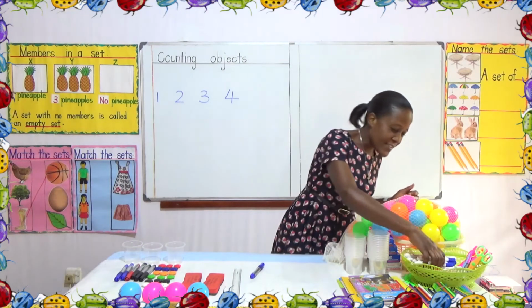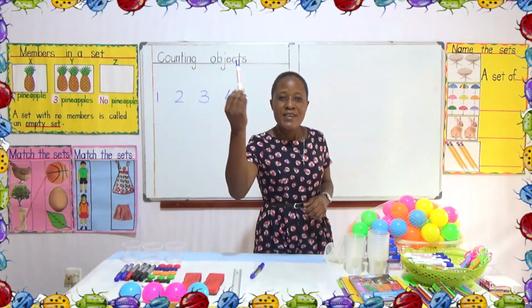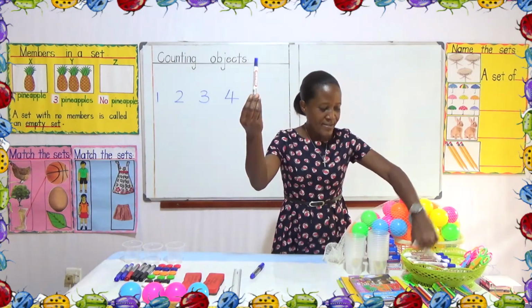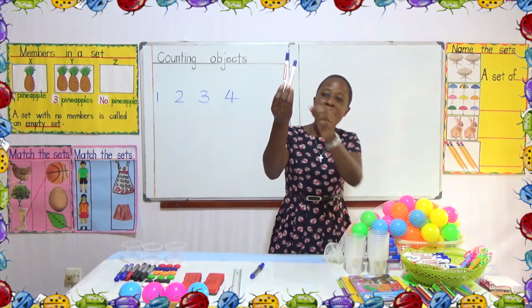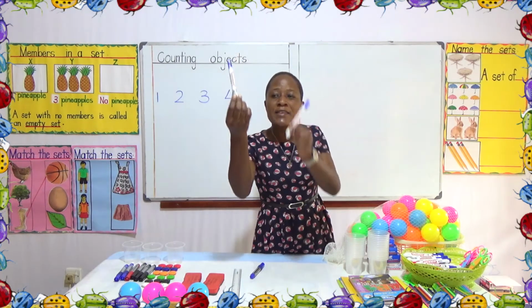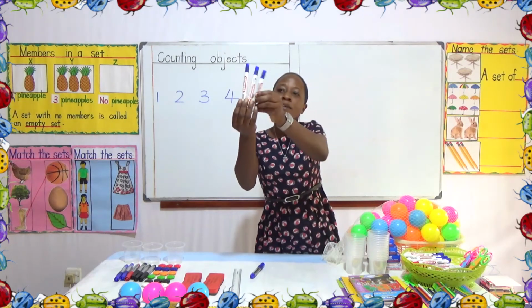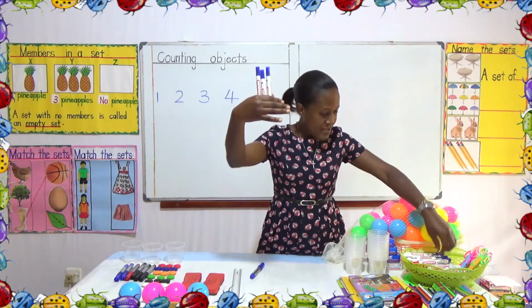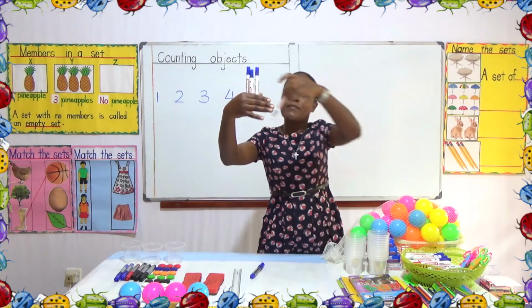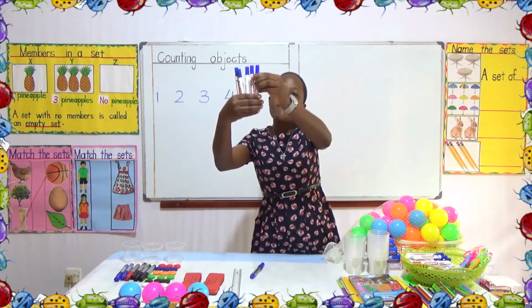Let's go to the next number. You're going to count with me. 1, 2. These are markers. We are counting markers. Count with me. 1, 2, 3, 4, 5.